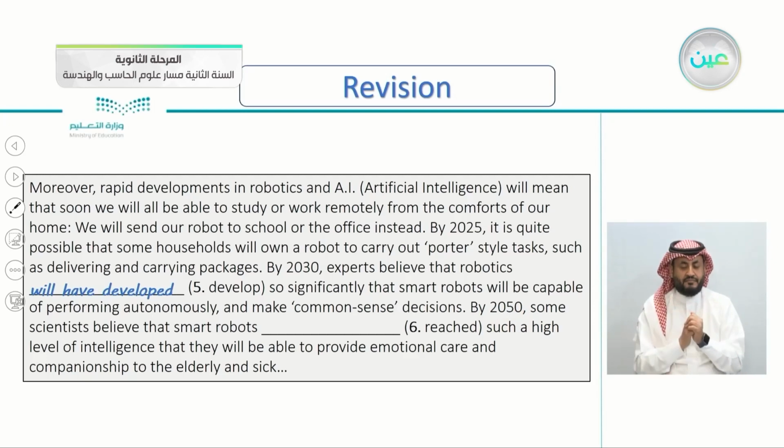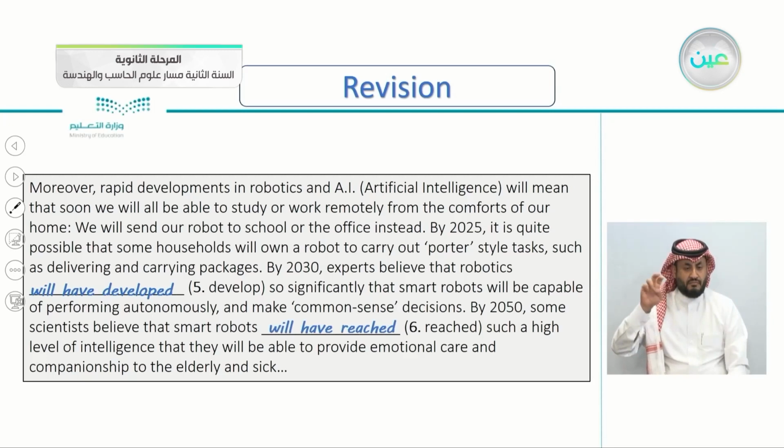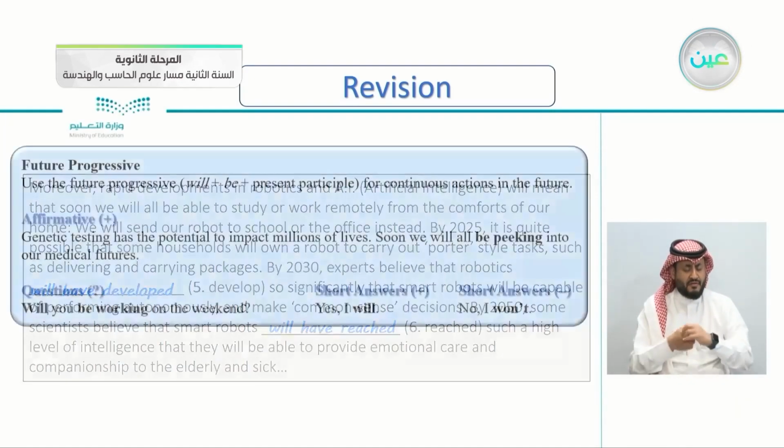By 2050, some scientists believe that smart robots, and the verb reach, beginning the sentence with by 2050. So we have two events. Of course, the answer is will have reached. Will have and the perfect. Will have reached such a high level of intelligence that they will be able to provide emotional care and companionship to the elderly and sick.